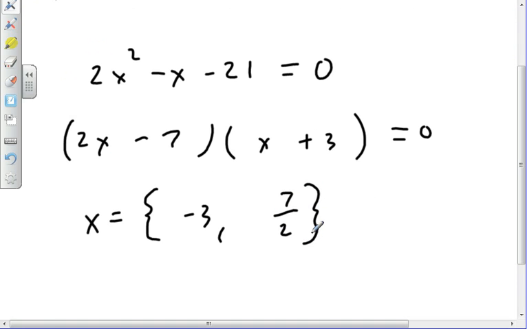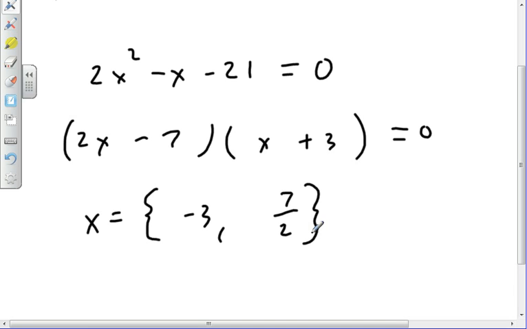But I could have, if I decided not to do that, I could have gone to my polynomial solver again. I could have put in a 2 and a minus 1 and a minus 21 and then said solve, and I would have got a minus 3 and a 7 over 2.